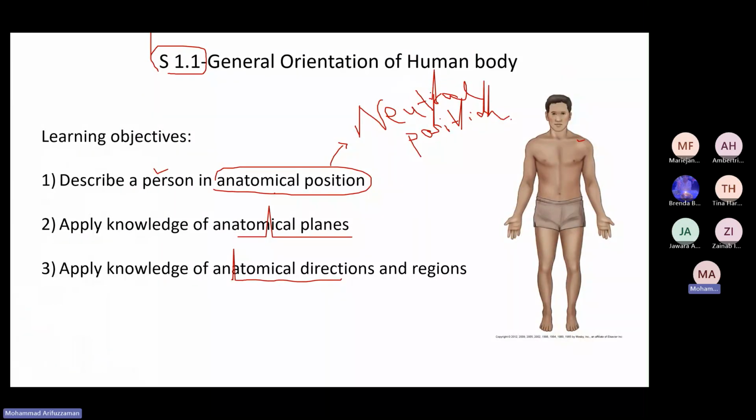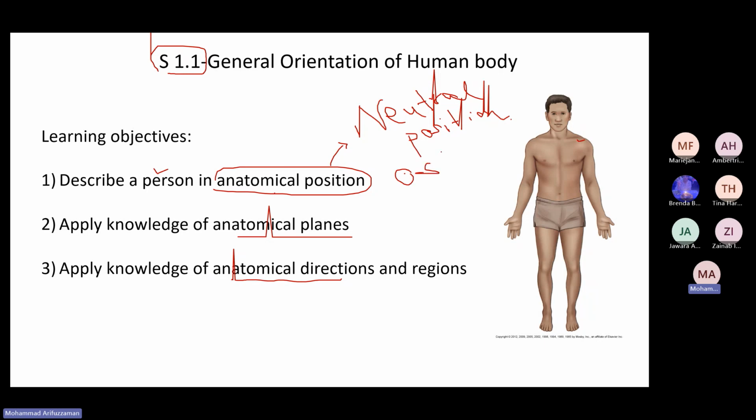So anatomical position is a neutral position. In this position, the body is viewed as standing erect. You can see the standing erect. This information you'll find in my handout that I uploaded into the chat.